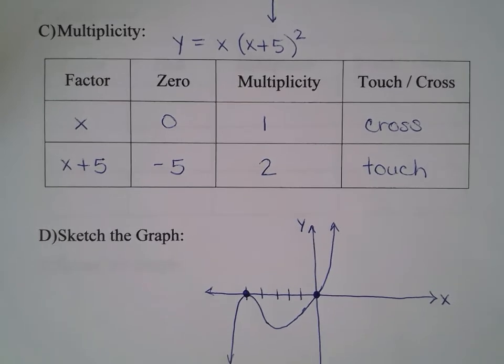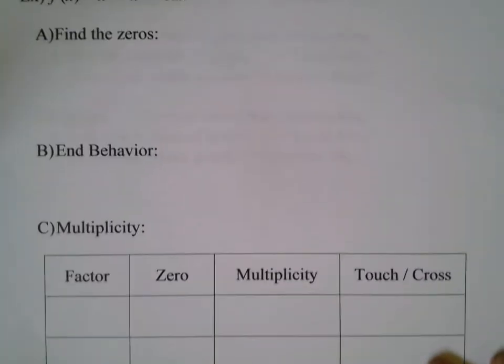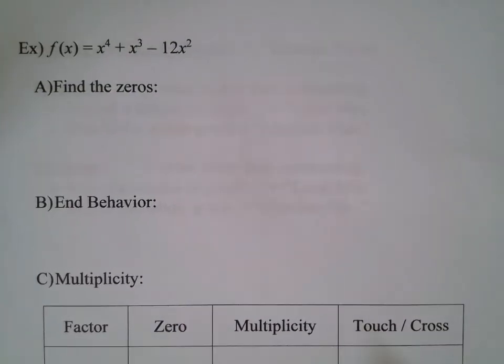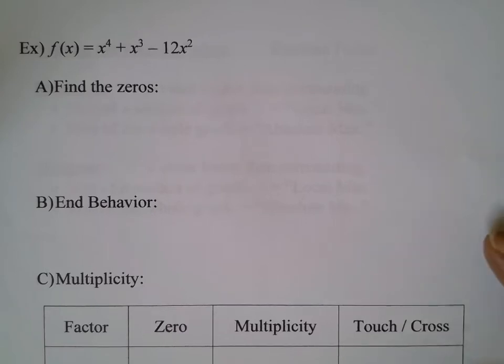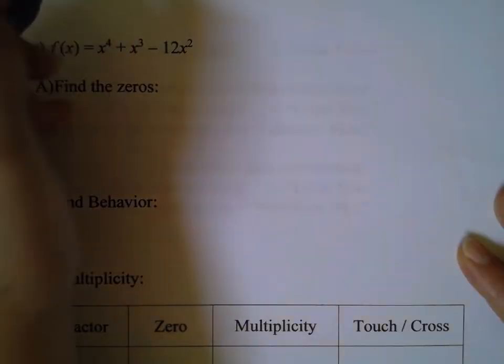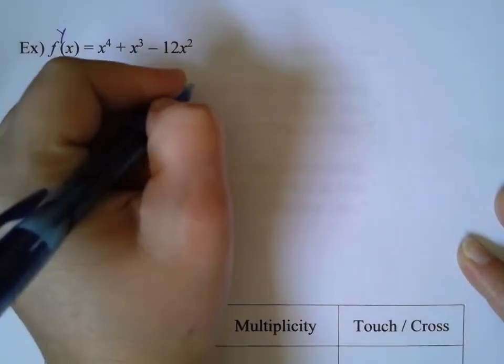All right, so let's try another one. This time we have f of x equals x to the 4th plus x cubed minus 12x squared. We can do something similar here. As far as the steps go, we're just going to follow the same process. First, we want to find the zeros.